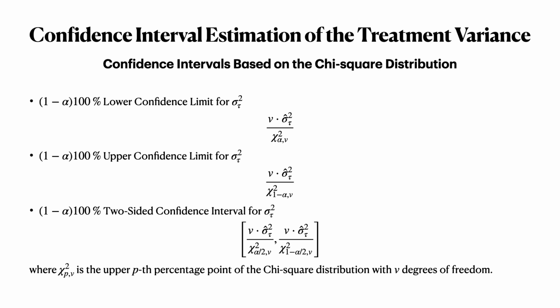The difference is that instead of having degrees of freedom for error in these formulas, we have the approximate degrees of freedom for sigma hat squared sub tau, which is V. And so that really is the only difference between these formulas and the formulas for the confidence intervals for sigma squared.